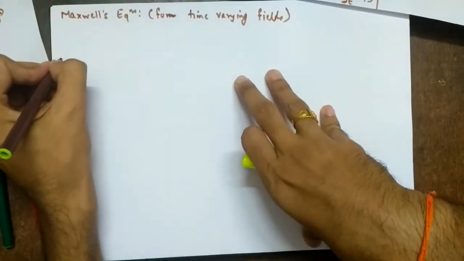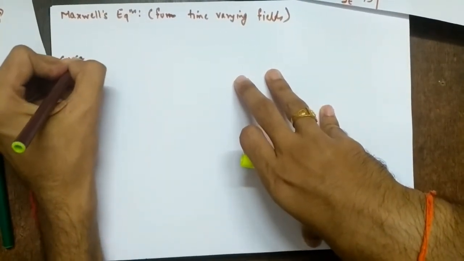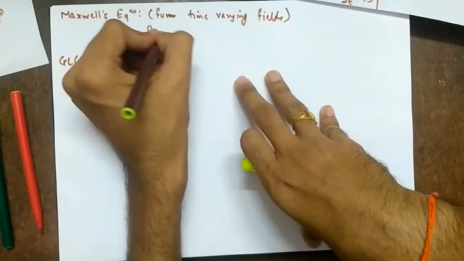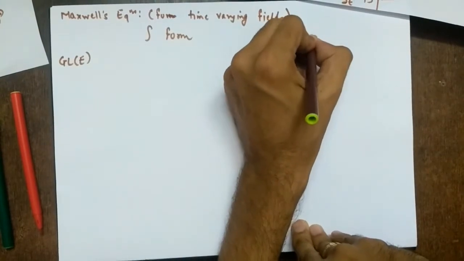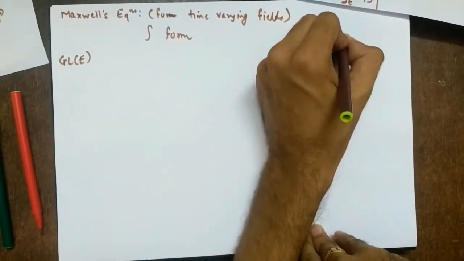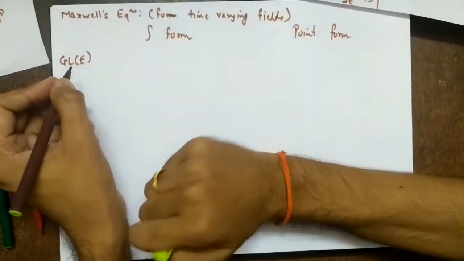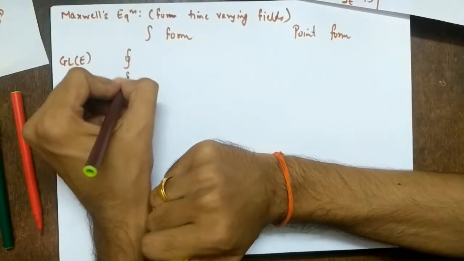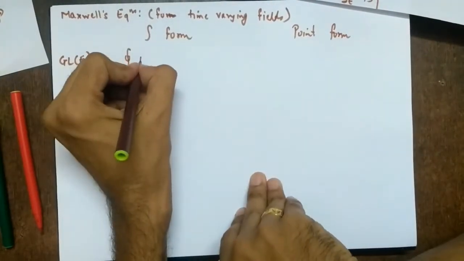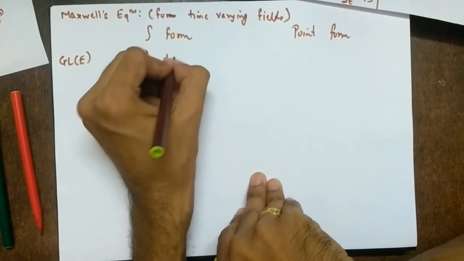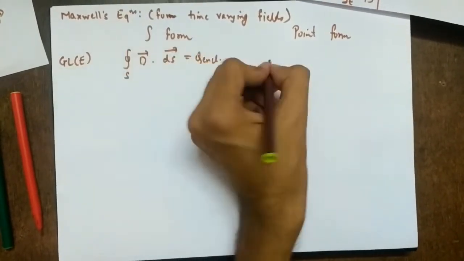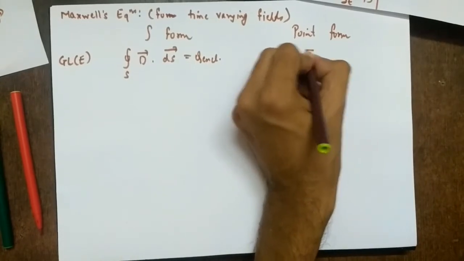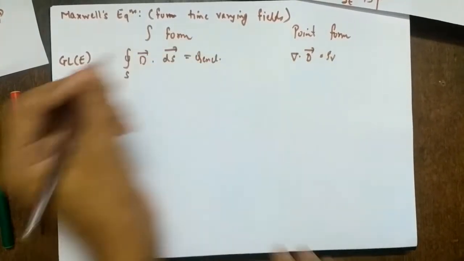So first we studied Gauss law for electric field, and first is integral form, second is point form. So what was Gauss law for electric field? Closed surface integral of D vector dot ds vector equal to q enclosed. And what was the point form? Del dot D vector equal to rho v.